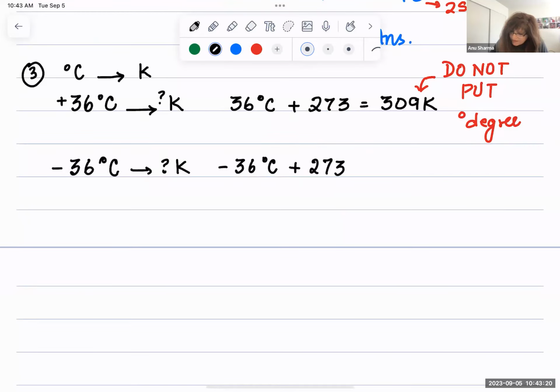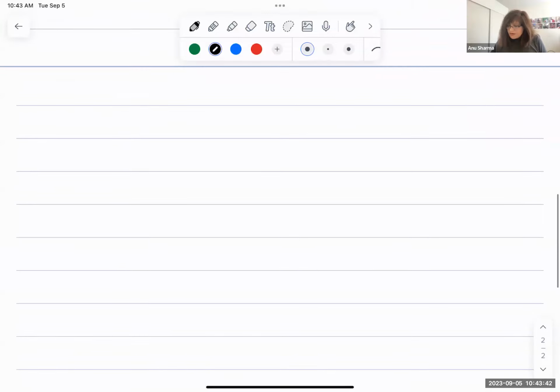So plus minus is minus, so 273 minus 36, and this becomes 237 K. The sign is always going to be of the bigger number, so here this is subtracted. Clear? All right, guys.